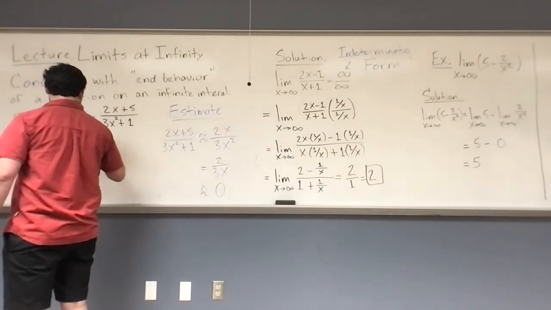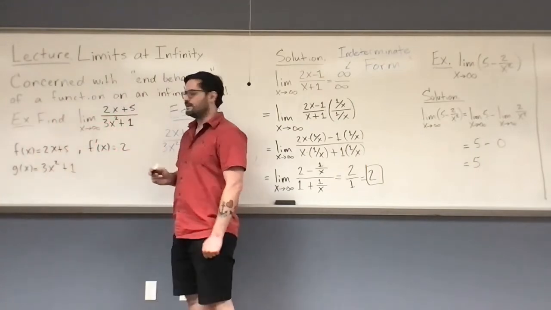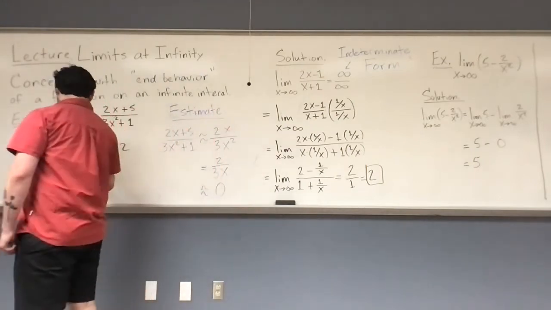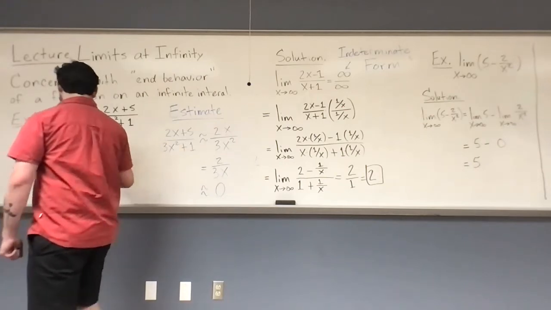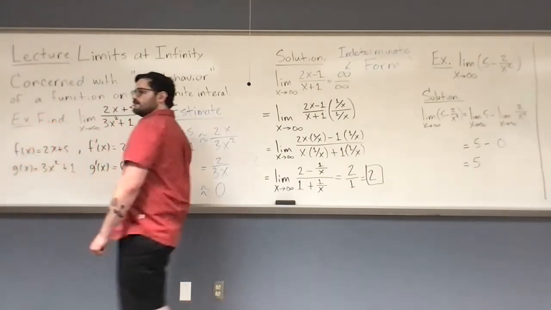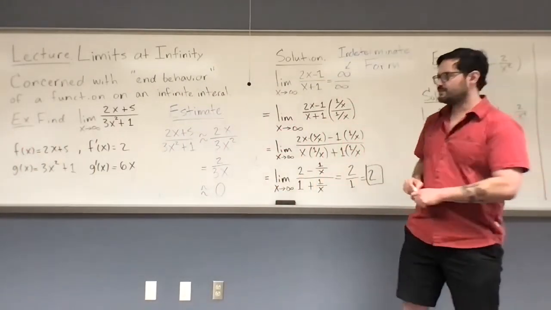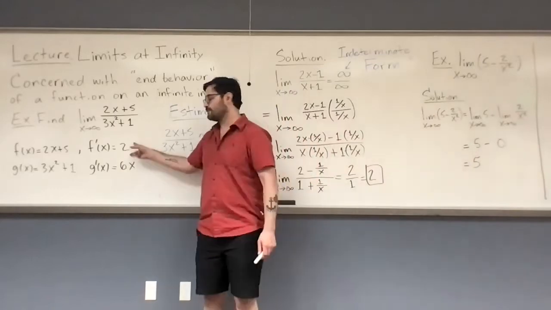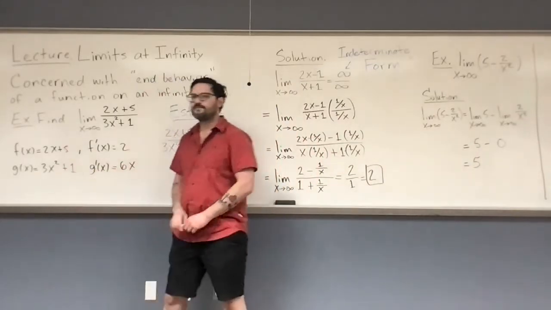f prime of x is equal to 2, right? And g prime of x is equal to 6x. You see that? So what's happening here? This is measuring the rate of change for each one of these things, right? Rate of change of that and that.